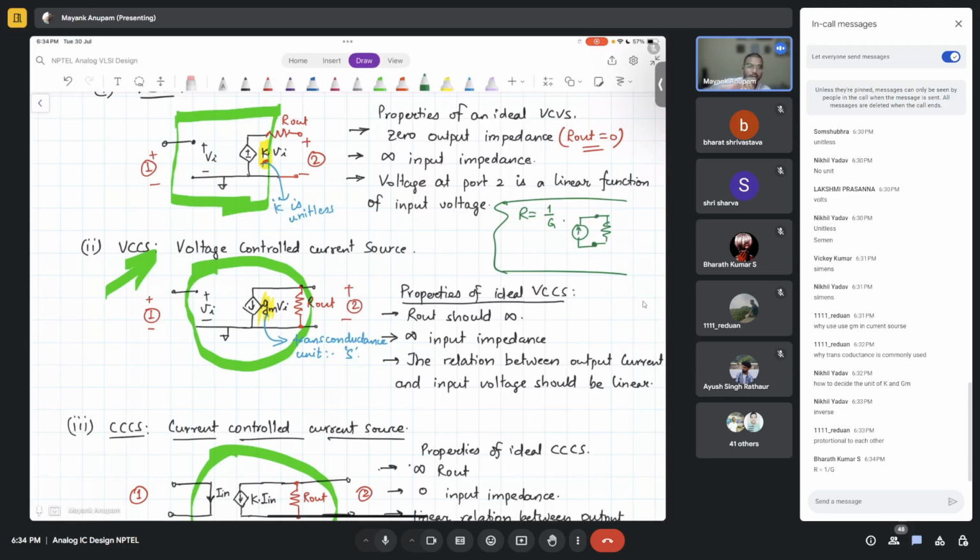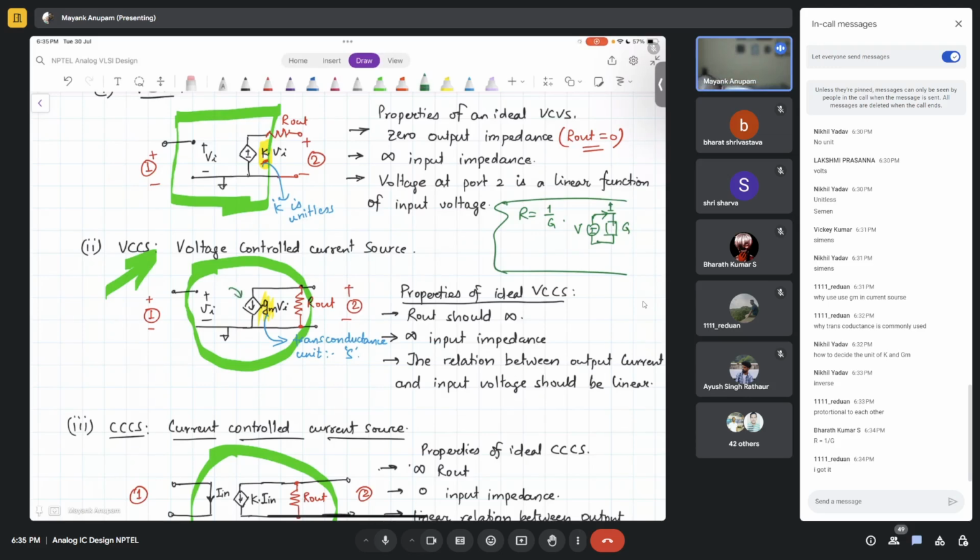Where you apply the current, you will also see the voltage at the same terminal. That is a resistance. Now, what is a conductance? If you have a conductance G, what will happen? Here you will apply some voltage at the input, and you will see that the current is also consumed from the same place where you have applied the voltage. Okay, you get my point, isn't it? So that is a conductance.